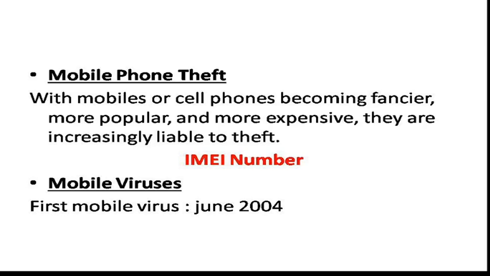Now some of the companies, when the smartphones are more expensive, have kept insurance, so that when your mobile phone is lost, you can claim the insurance. But everyone is taking advantage of it and making false claims. So they have stopped providing mobile insurance for mobile phones.